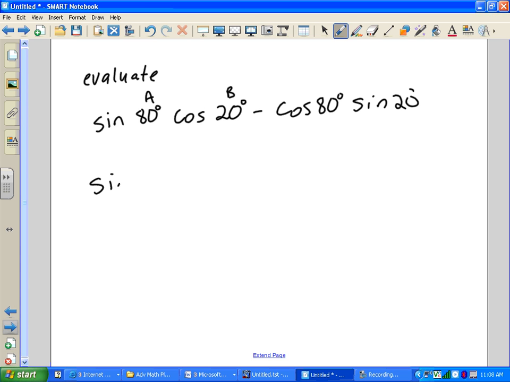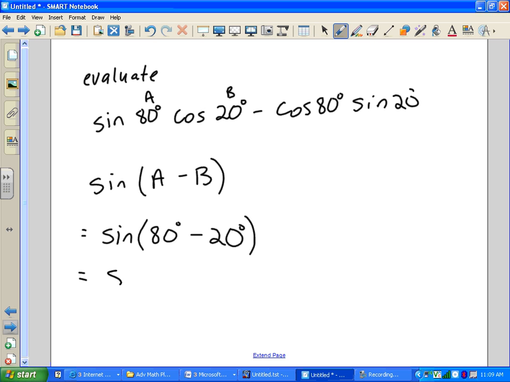And so y'all said this would be the A minus the B one. And so all we got to do is put these in. So this would be the sine of 80 minus what? 20, which is 60. And now we can evaluate that, can't we?